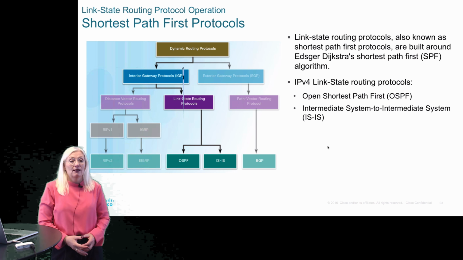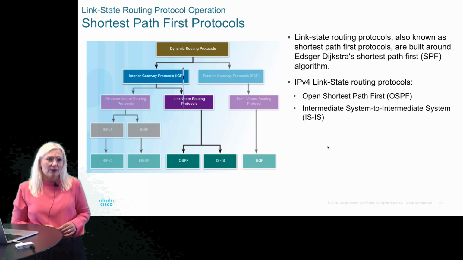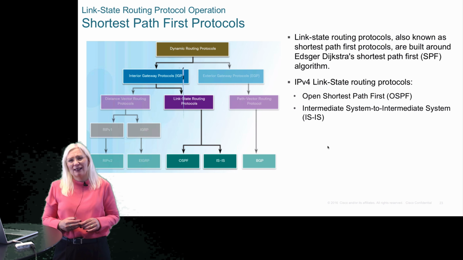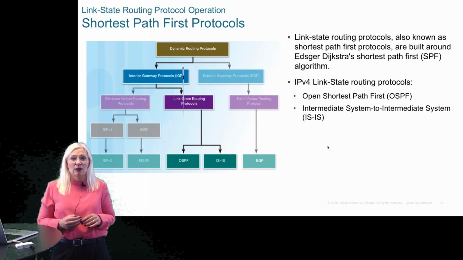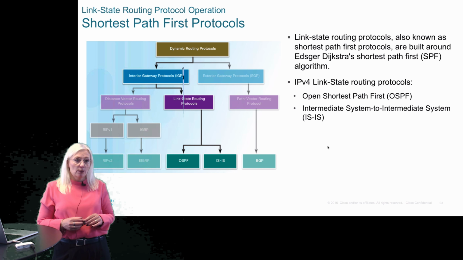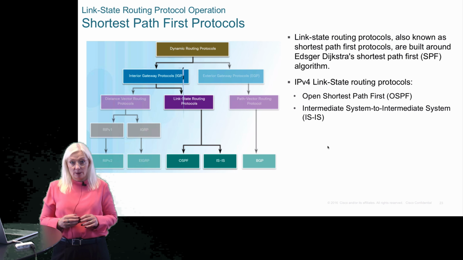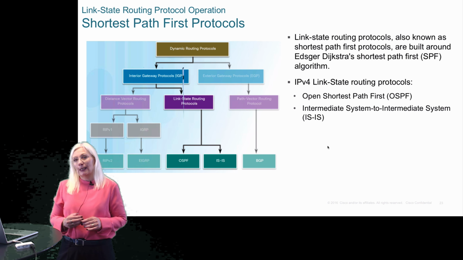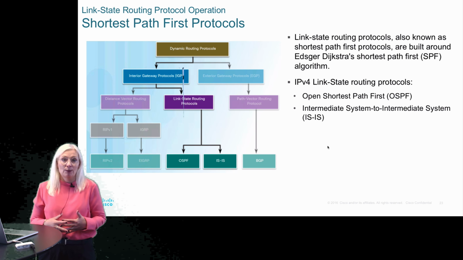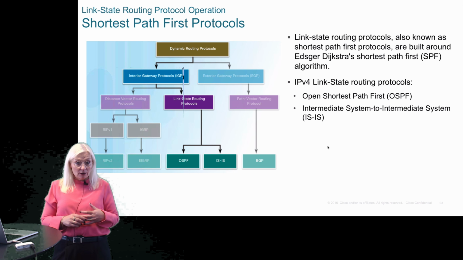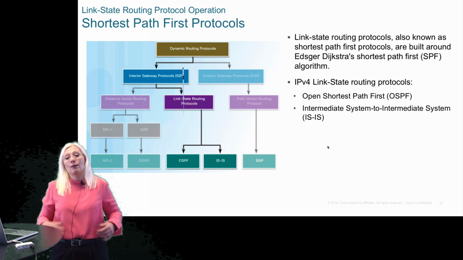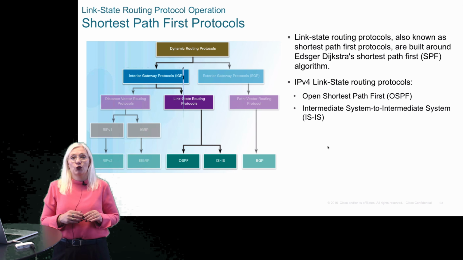The link state dynamic routing protocols are protocols that use the shortest path first algorithm. It was invented by Dijkstra, who made an algorithm for the shortest path.